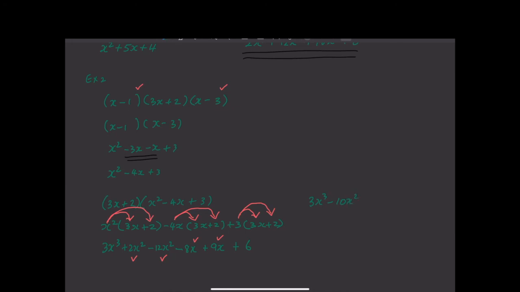That's where some students fall down, make the mistakes with their negative values. We now have minus 8x plus 9x, which is going to give us positive x, or 1x, and then we write back our positive 6.